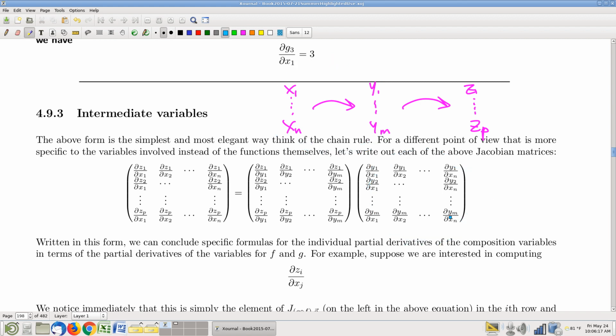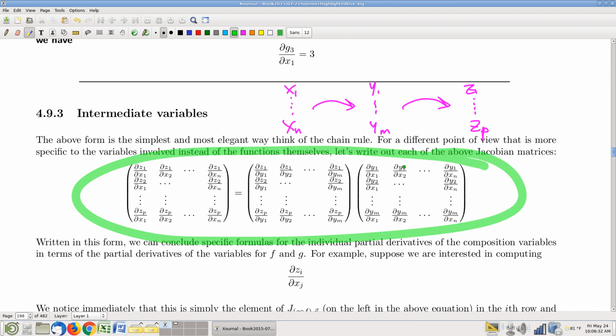And then next, the z's as functions of the y's, there's that second Jacobian. So really, in this setup, this is just that formula on the previous page, that Jacobians multiply.